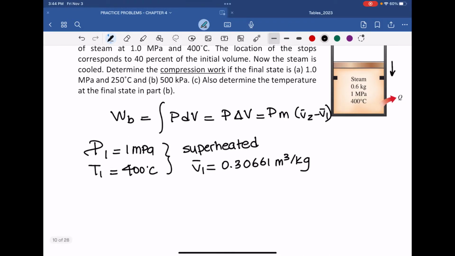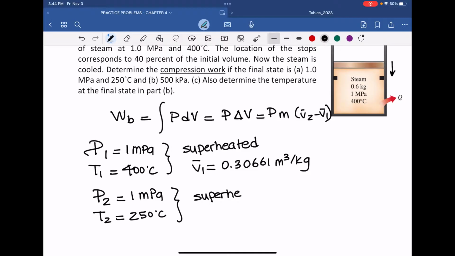Now we can do the same thing for the second state because we know it's a constant pressure process. The temperature changes to 250, but it's still bigger than the saturation temperature at that pressure. So you have superheated. Again, exactly the same tables we just showed, you can read the specific volume.